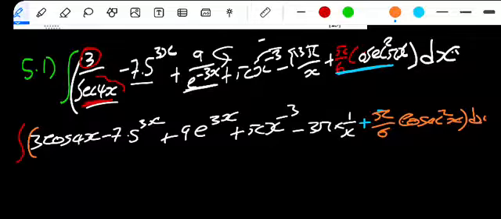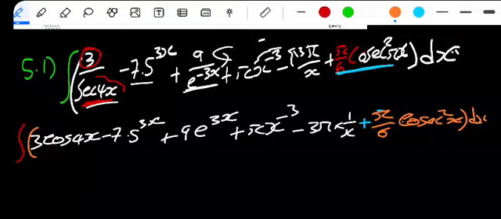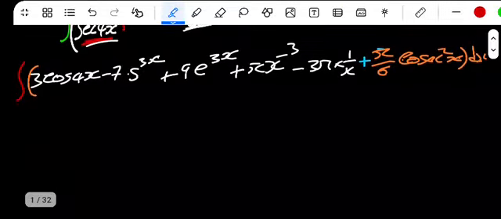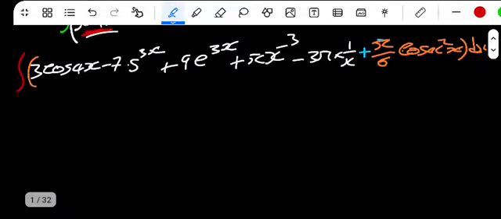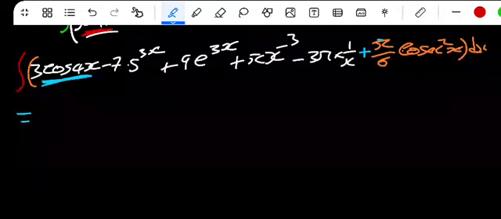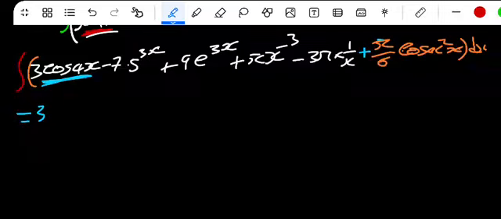Let us integrate this now. What will be the integral of 3 cos 4x? Remember we have our 3 there. Cos will change to become a positive sign.